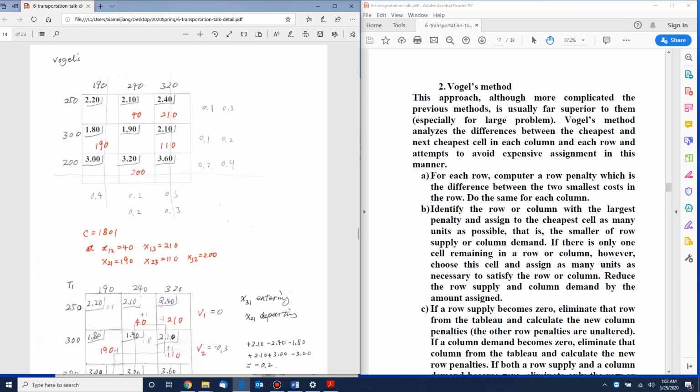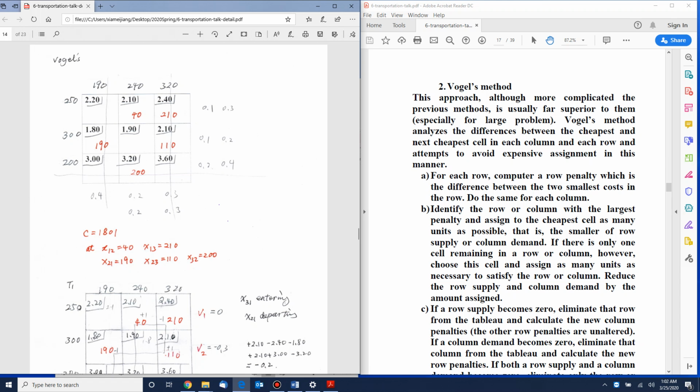So what we do is we look at the largest one. The largest one is 0.4, right? The 0.4 is in the first column. What we do is we put the possible amount into the cheapest cell in this column.